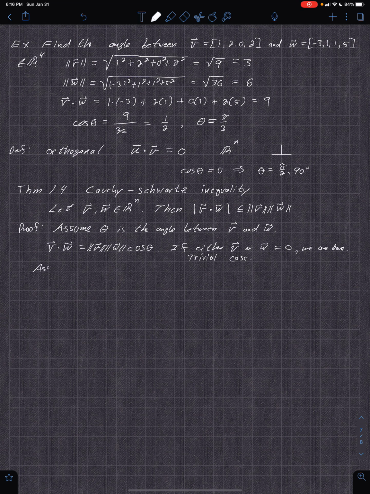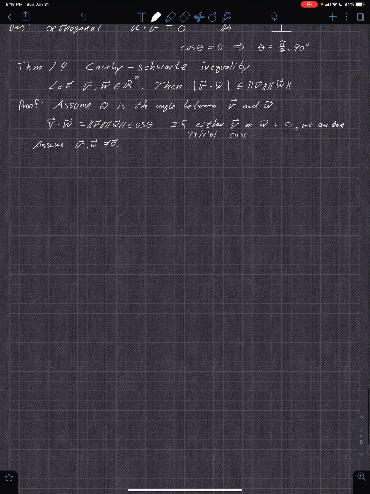So let's then assume they're both non-zero. That's really what we're after, and that's pretty easy, frankly. If you just look at cosine theta, since the absolute value of cosine theta is less than or equal to 1, this whole left-hand side must be less than or equal to that product. Otherwise, it'll make it smaller, right?